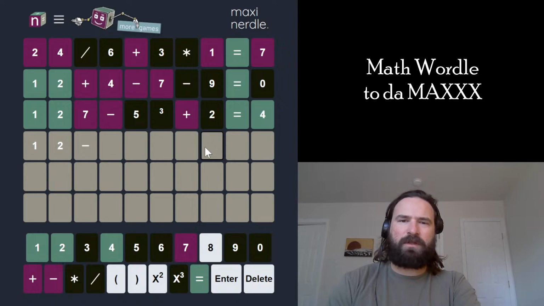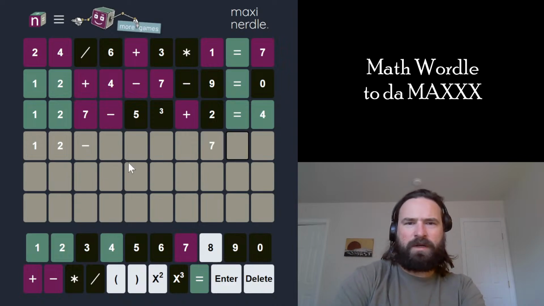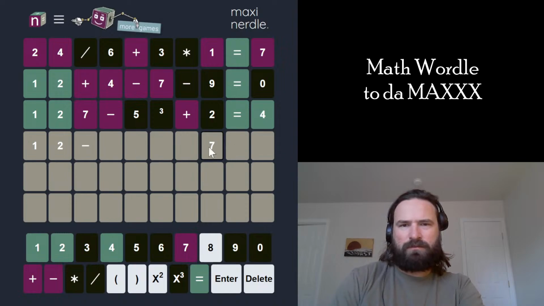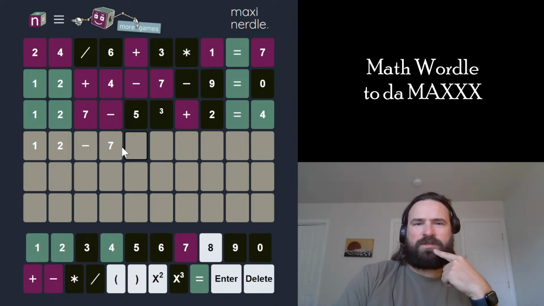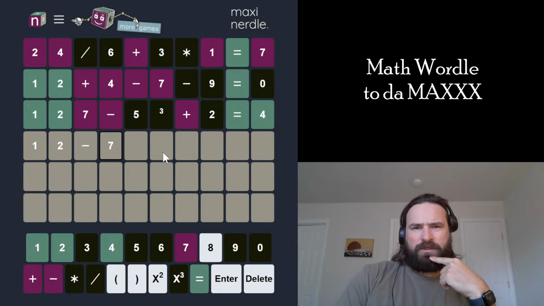So we have to end with either a double digit or something squared. Okay, 12 minus 7. Oh, this can't. So this can't be plus or minus. So now this has to be a double digit number. So we're doing 3 double digit numbers. And it has to equal 4 at the end.